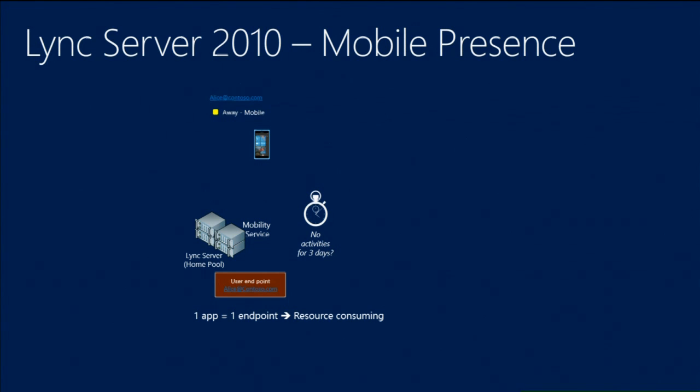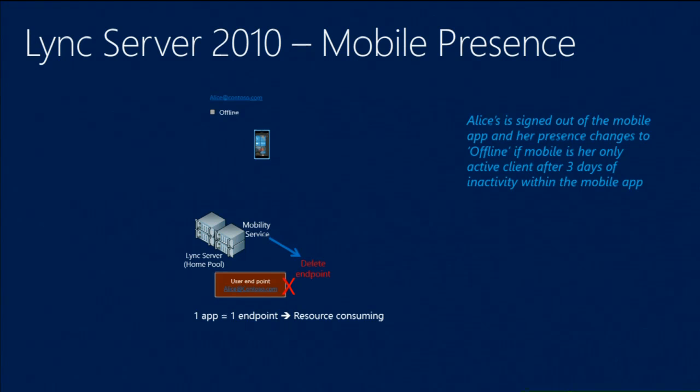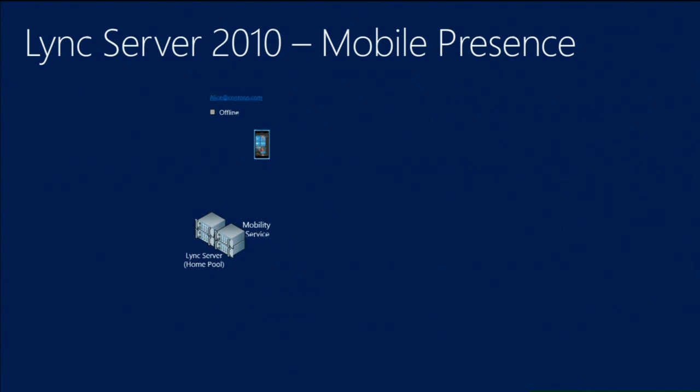And if Alice doesn't do anything for those 3 days, we then kill the endpoint. So if I open my Lync client once, then use my home button, don't do anything for 3 days, I'll still spawn this user endpoint for 3 days on my pool. We thought that might not be very efficient. We might want to improve on that.